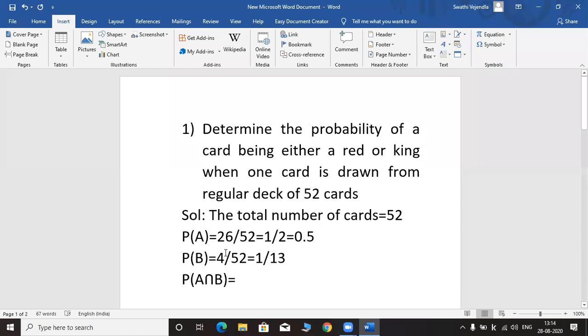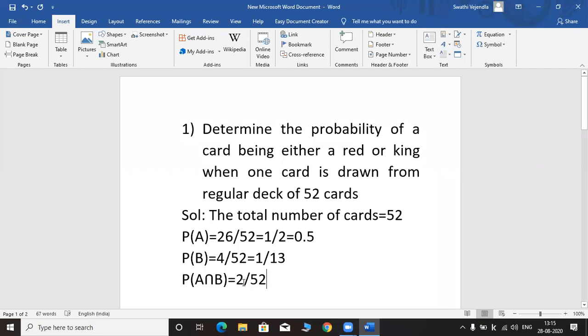In the regular deck of 52 cards, among those 4 king cards, 2 king cards are red and the remaining 2 are black. So what do we have to write here? 2 by 52, isn't it? Because only 2 of the king cards are red.